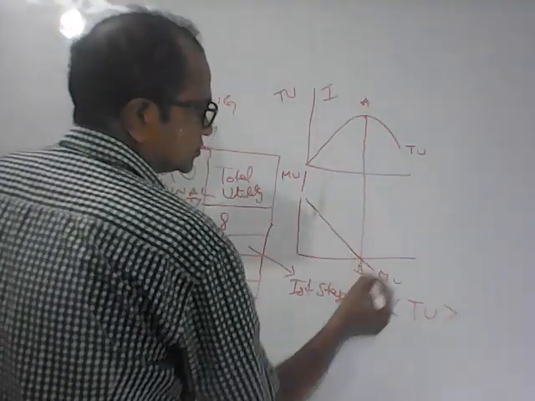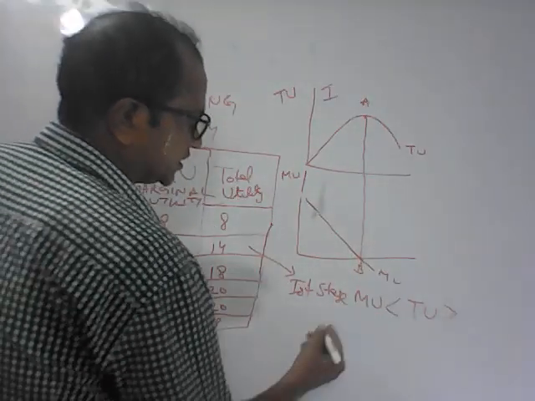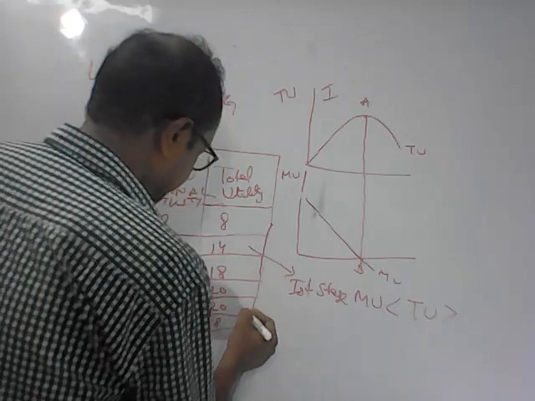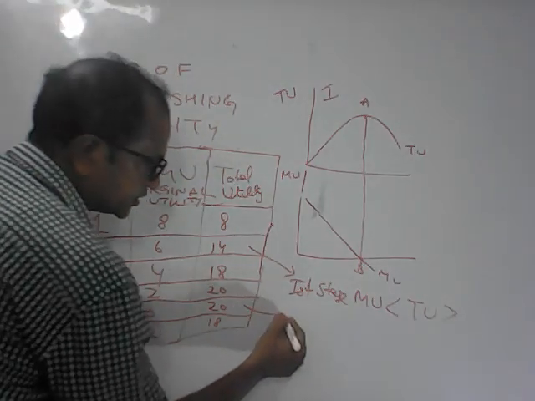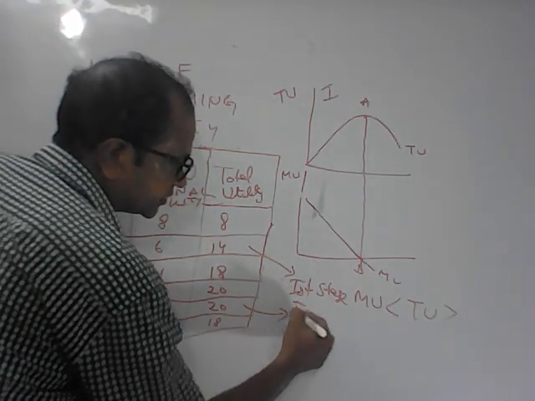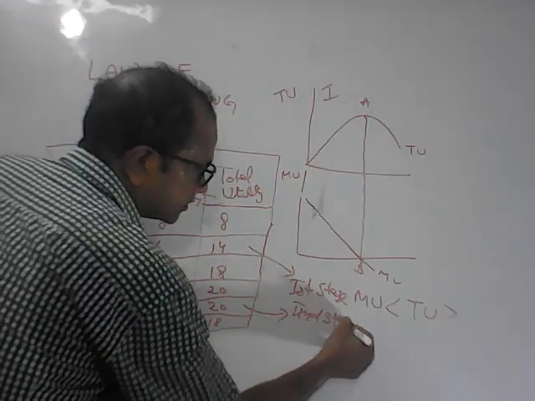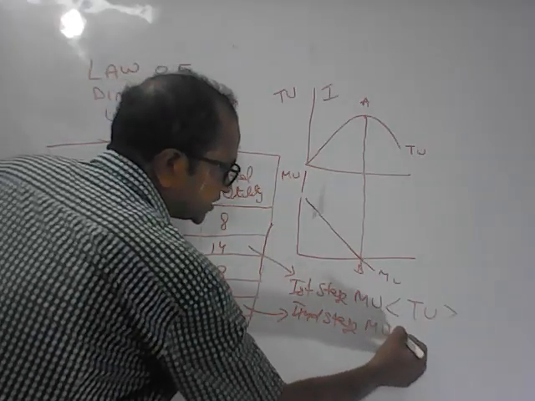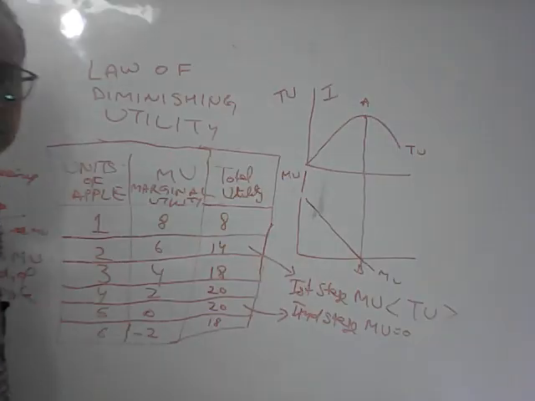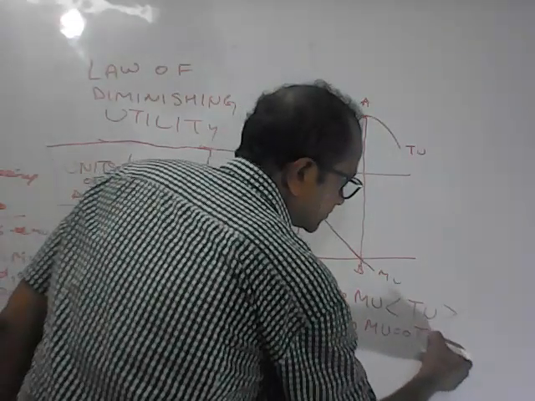It shows when the marginal utility is 0, and it is the second stage. When marginal utility equals 0, then total utility is maximum.